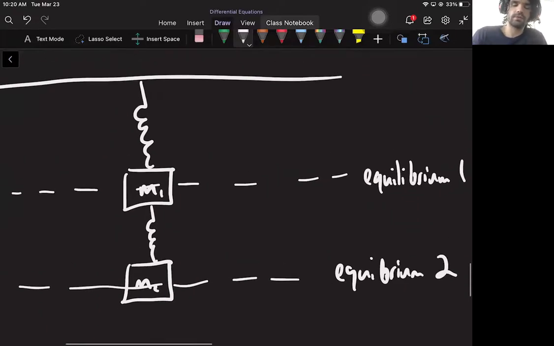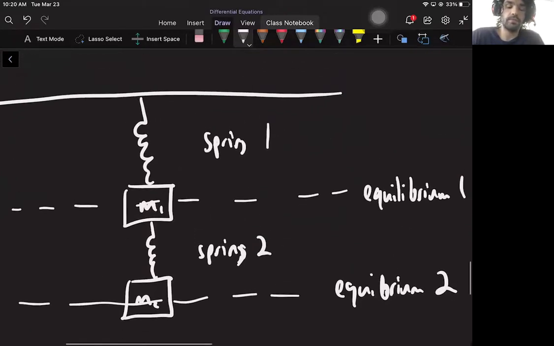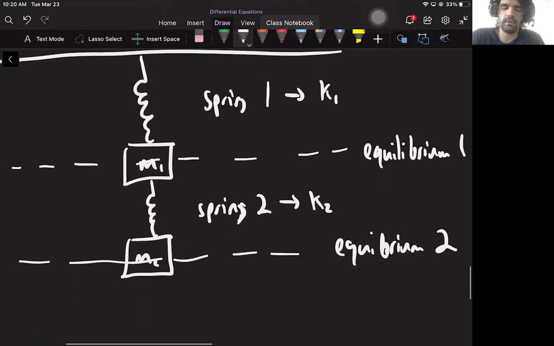There's two springs and there's two masses. So each mass has its own mass. Each spring is going to have a different spring constant. So I'll just call those K1 and K2 for now.